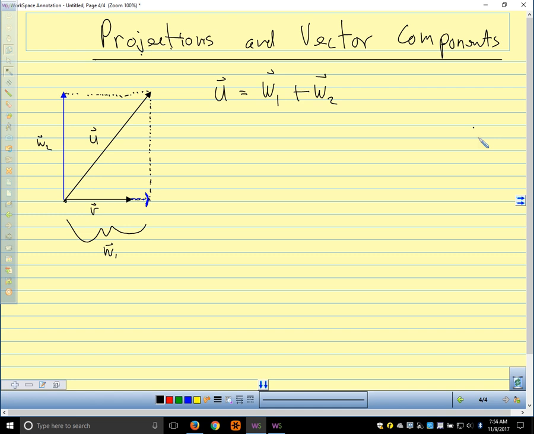Let's think about acceleration. What does the acceleration in the direction of motion do? Speeds you up or slows you down depending on the sign. What does the component of acceleration normal or orthogonal to it do? It makes you turn. So we're going to use this idea when we break acceleration into a tangential component and a normal component. We want to figure out how much of the acceleration is speeding us up or slowing us down, and how much is changing our direction.